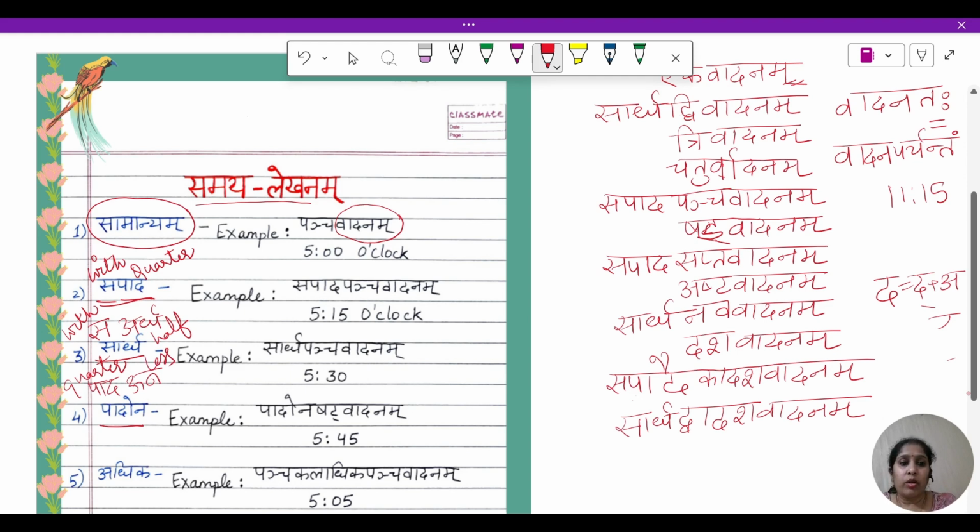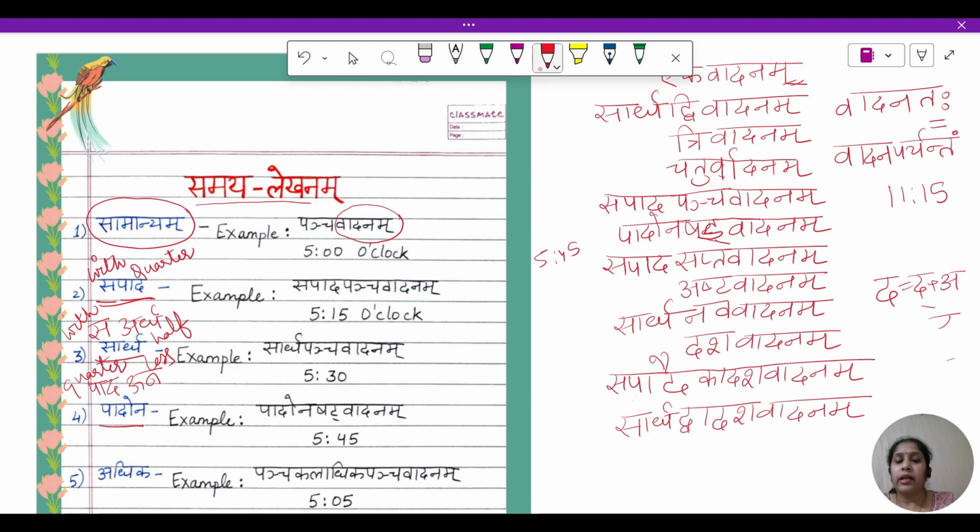Now if I want to talk about 5:45, what do you mean by 5:45? 5:45 means 15 minutes less than 6. So I will be using Padon with 6. So it will become Padon Shadvadanam.